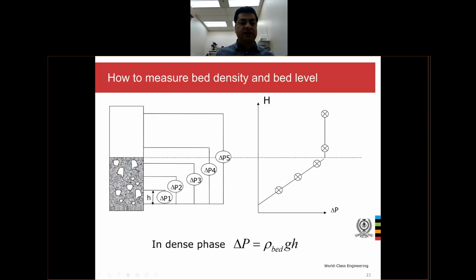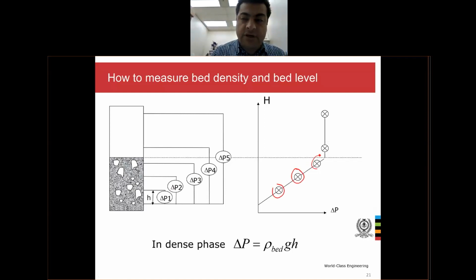So if you put a couple of pressure transducers, for example, in this case, we have three pressure transducers having both legs inside the fluidized bed, but the other two pressure transducers each have one leg inside the bed and another leg above the surface of the fluidized bed, and you measure the delta P, you end up with these readings.